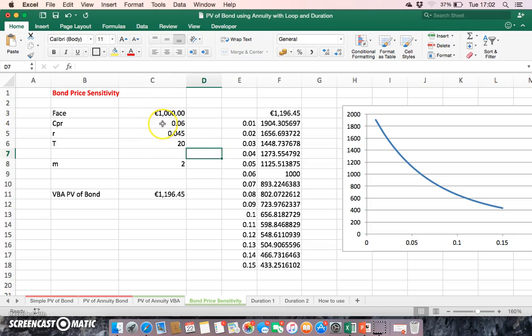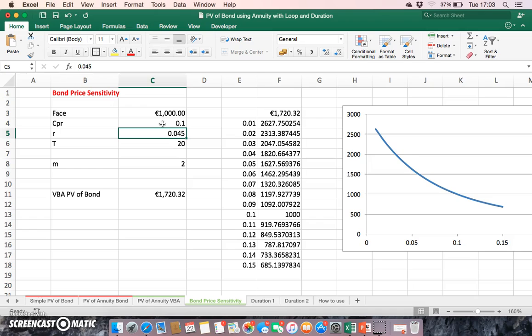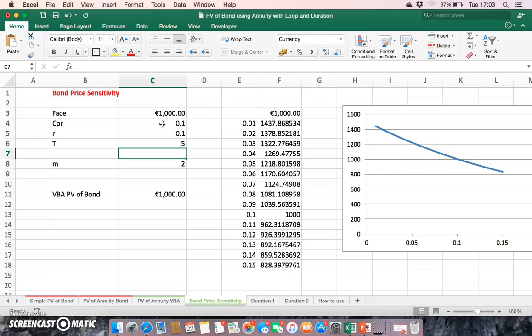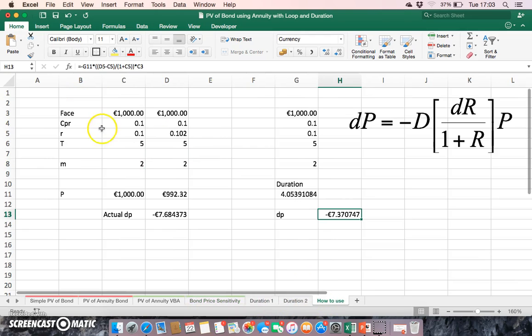So if we start with a bond of interest rate of 10% and a discount rate of also 10%, we get our par bond. If it was for 5 years, okay, we get a par bond.